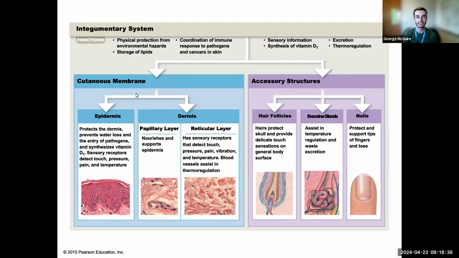So again, our skin is our cutaneous membrane, and we have 2 large categories and then some subcategories under our dermis. We do have 2 distinctly different connective tissue layers in our dermis. But the epidermis is going to be that highly stratified epithelial tissue.